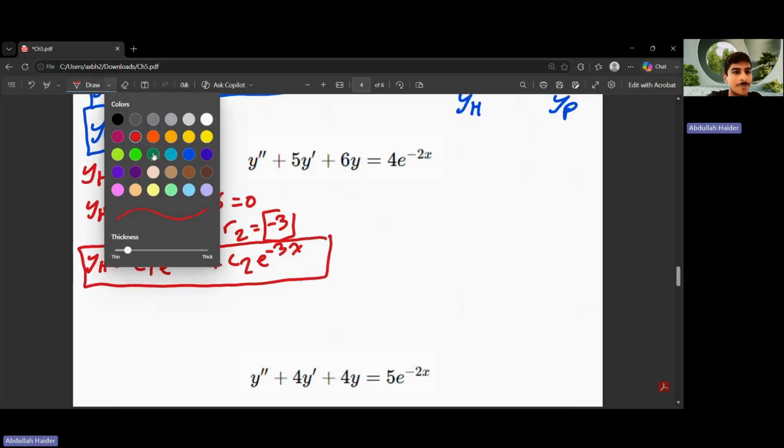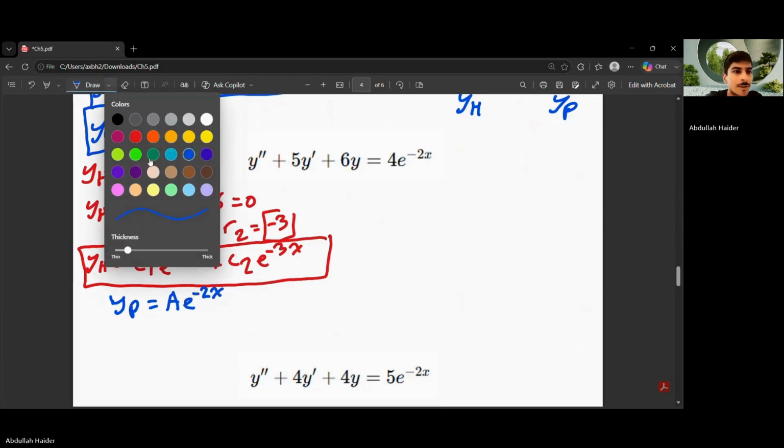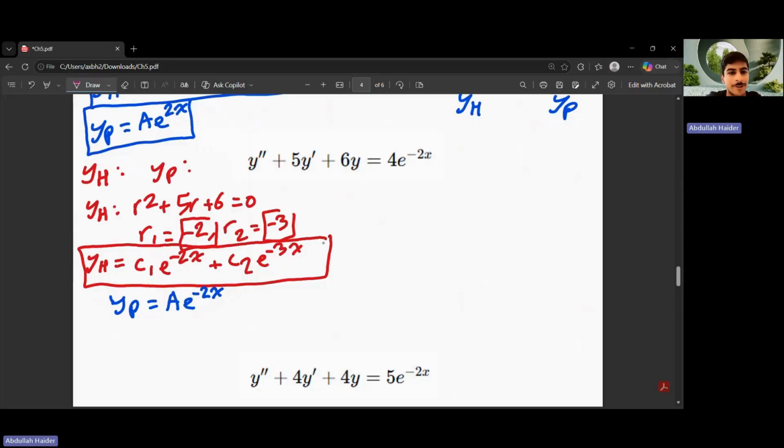And now we need to determine yp. As I said before, you take the constant as is, because it cannot always be 4. It can be 3, it can be 2, it can be 0. We take this 4 as a constant a, and we write the rest as is. Now, you always have to check for this important thing. Let's consider this f of x. Do we have a similar f of x in the homogeneous equation? Let's check this.